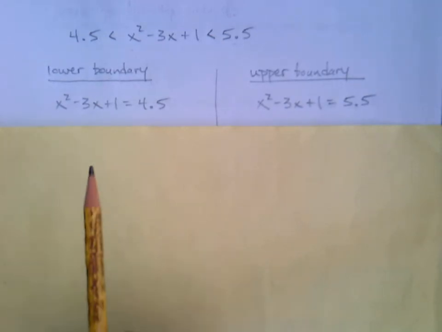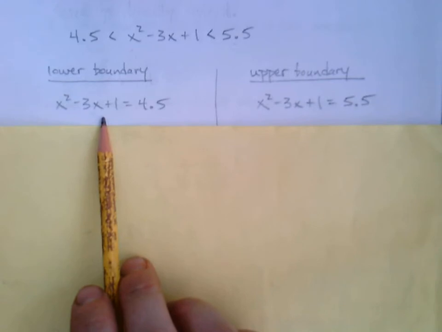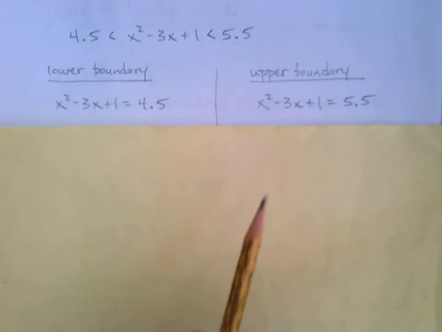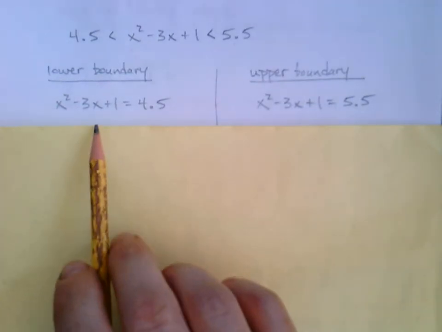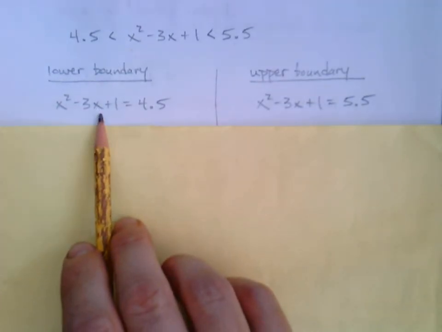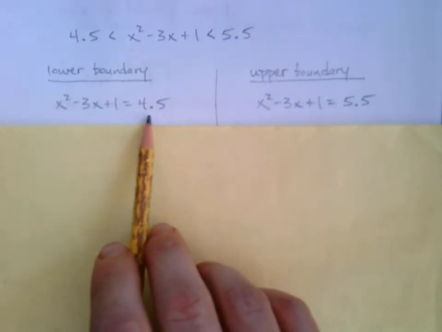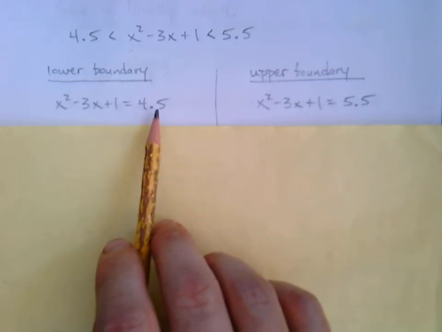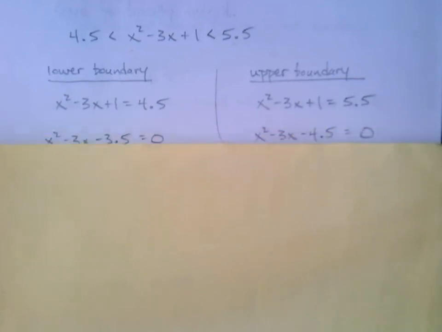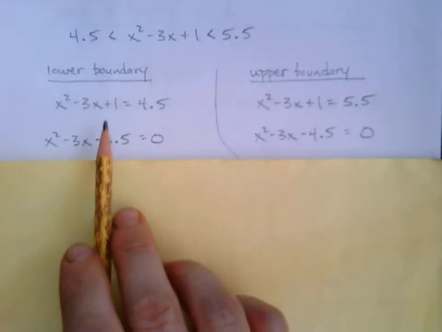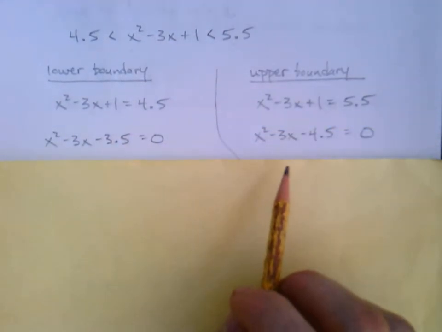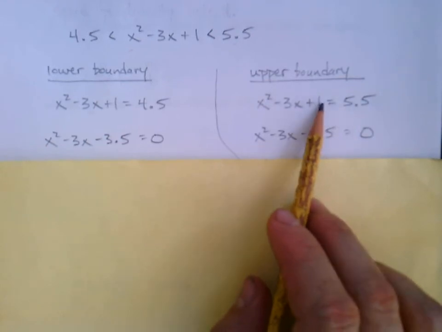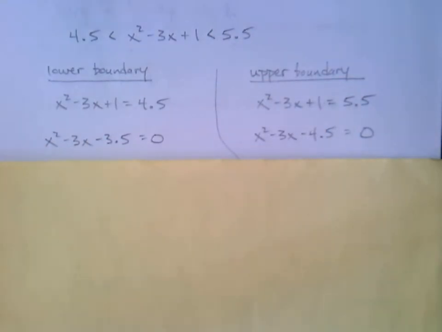Okay, so I'm going to walk through the lower boundary and then just know the upper boundary plays out in a similar way. How does it play out with the lower boundary? Well, if we want to solve this quadratic equation, let's set it equal to 0. I'm going to subtract the 4.5 over here, and for the upper boundary we're subtracting the 5.5, setting it equal to 0.